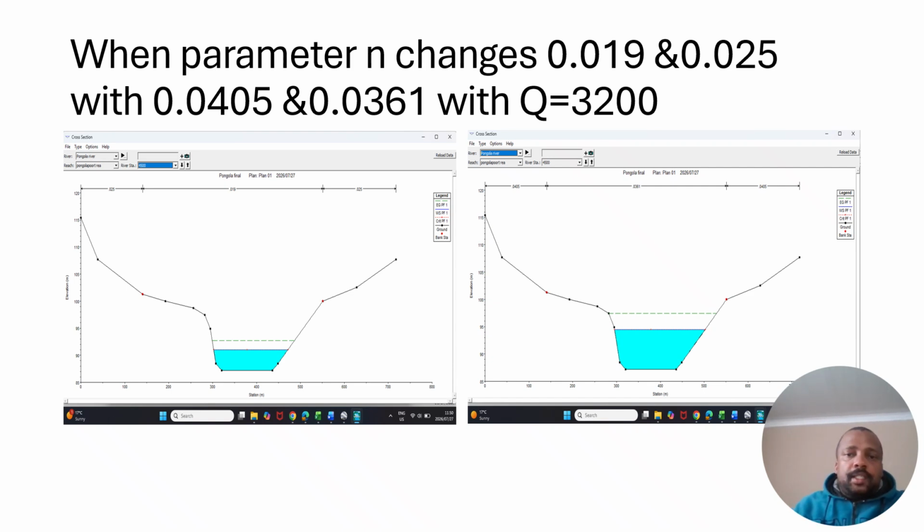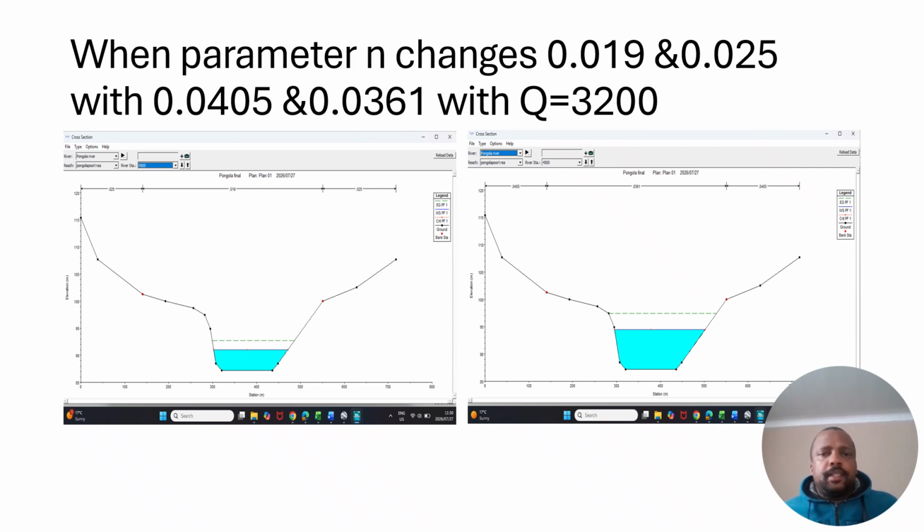The detailed report is provided, but we are just showing you what changes when you change the parameter. I think I've given the results that were required. Overall we can say when you increase the discharge, which is Q, the elevation increases. That speaks to the flow of water. The flow of water increases.